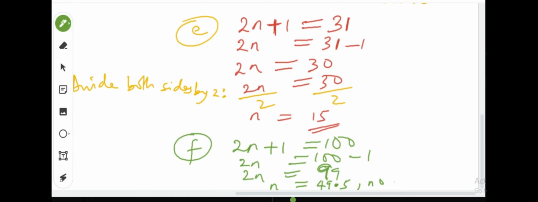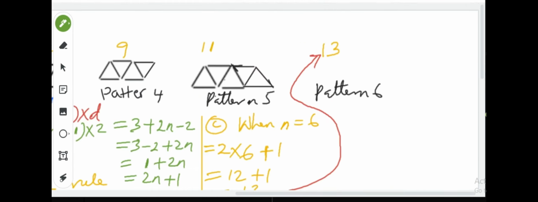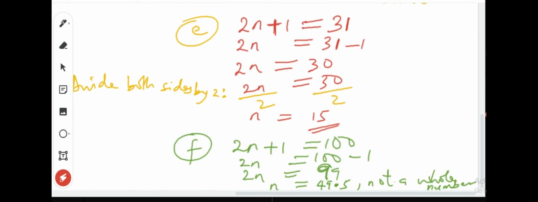No, not a whole number. So it can't work because it's not a whole number. We need whole number sticks, one full, another full to complete the pattern. But the answer we're getting here is 49.5 when we divide both sides by 2. 2n is equal to 99.